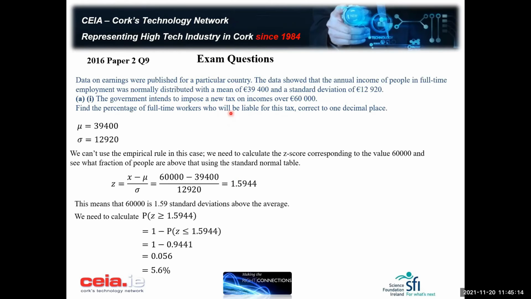And there's no mention of samples either. So this is not actually an inferential statistics problem, not yet, not part A at least. This is just a plain normal distribution problem.